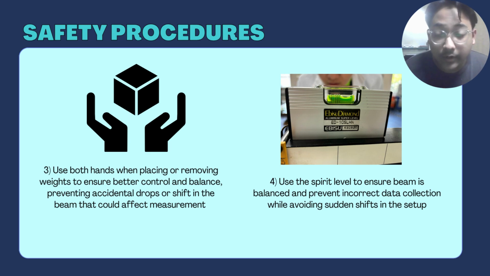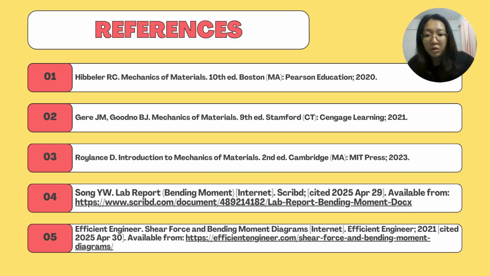Next, for number three, we need to use both hands when placing or removing weights to ensure better control and balance, preventing accidental drops or shifts in the beam that could affect measurement. And lastly, use the spirit level to ensure the beam is balanced and prevent incorrect data collection while avoiding sudden shifts in the setup.